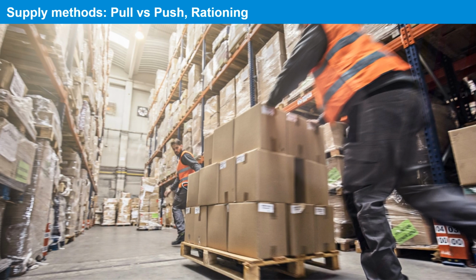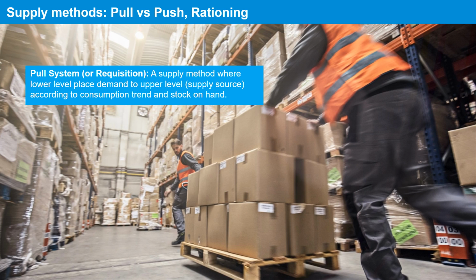The supply method is generally of two types, namely push and pull, but let's also look at rationing. Pull or requisition system is a supply method where the lower level places demand to the upper level supply source according to needs, projection, stock on hand, and consumption trend, then the upper level processes the supply considering their own stock and the requisition from the lower level.